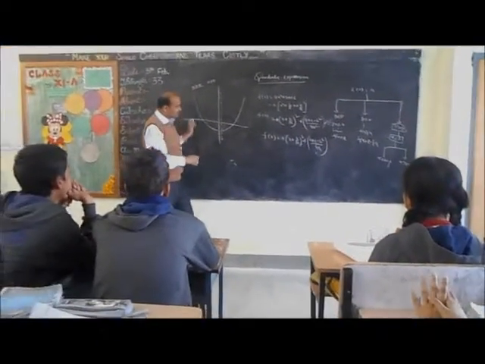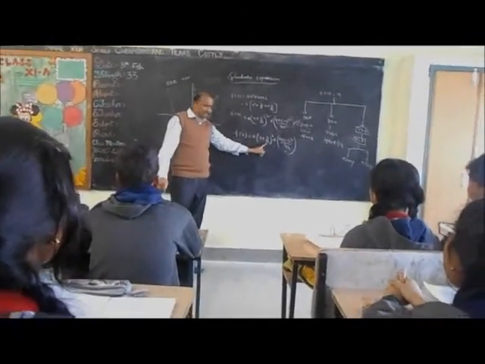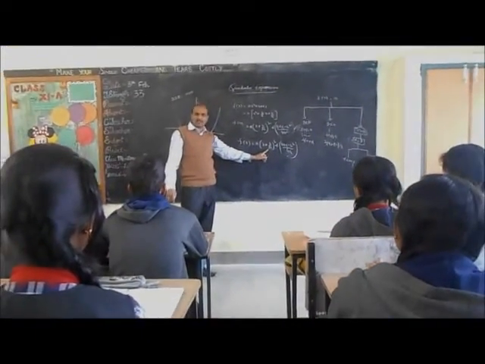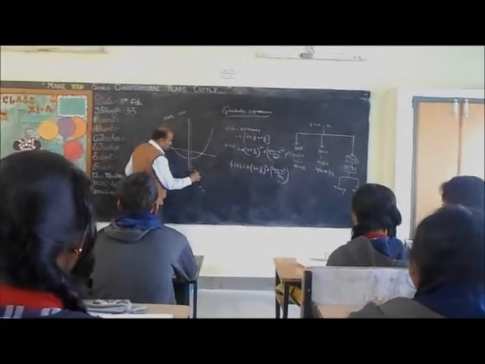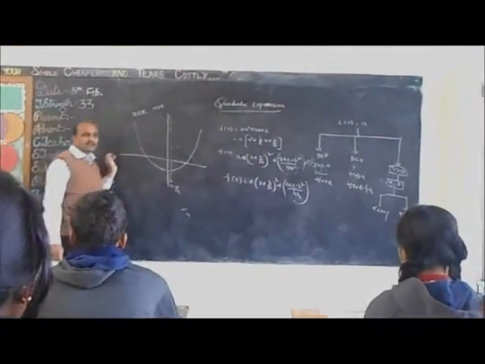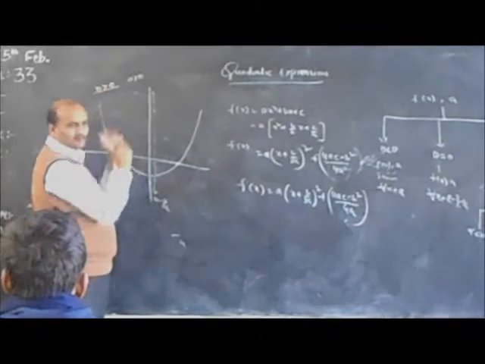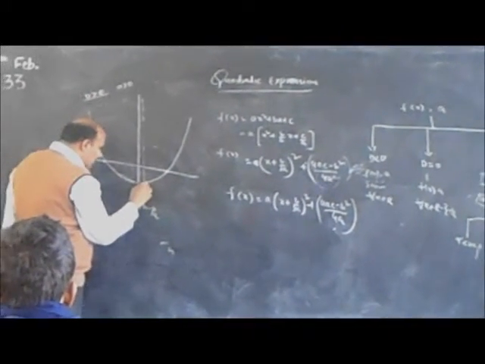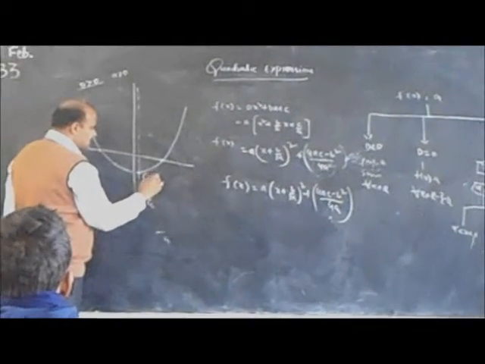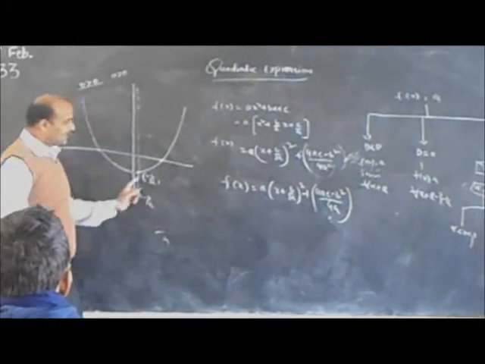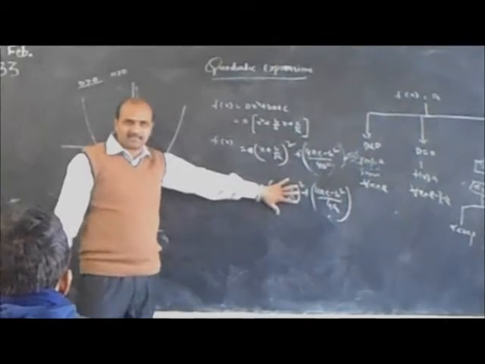When x plus b by 2a whole square is 0, what happens? X is equal to minus b by 2a. This is the line of symmetry of the complete parabola. Means this is the one point, where x is minus b by 2a. If x is minus b by 2a, this part is 0.